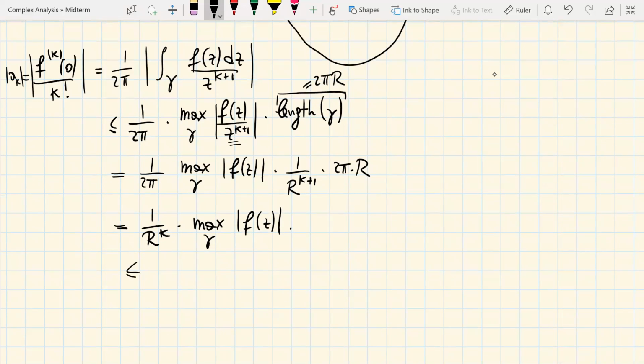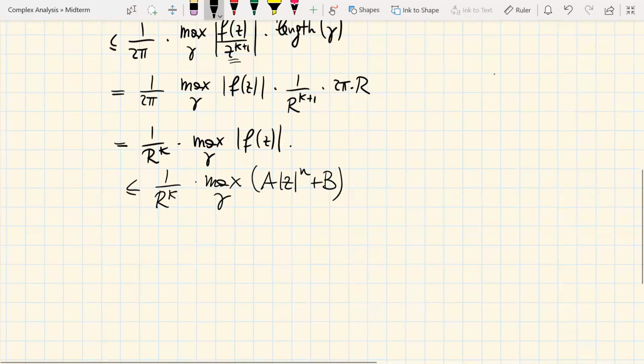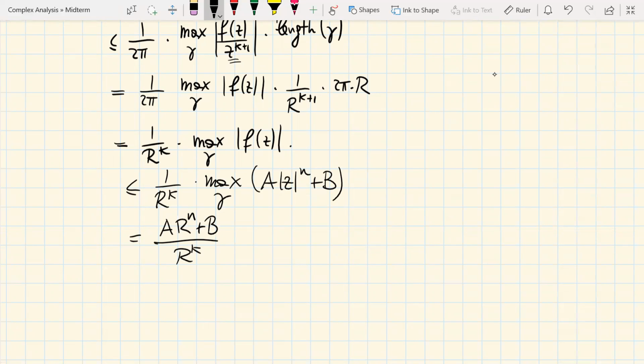So now using the hypothesis, we have that this is 1 over r to the k, and then here we have the maximum over gamma of a times norm of z to the n plus b. And now, once again, the norm of z over gamma is equal to r. So this is now equal to 1 over r to the k times a r to the n plus b.